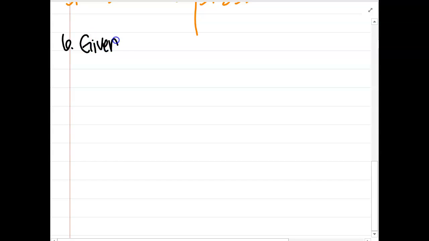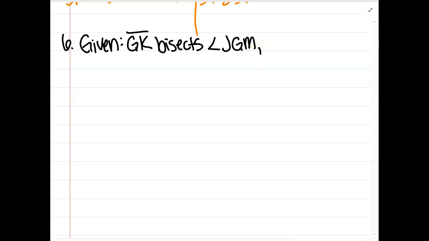Okay, number 6, the given: segment GK bisects angle JGM, and GJ is congruent to side GM.